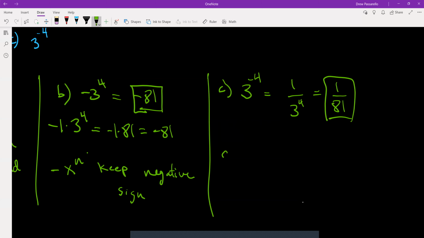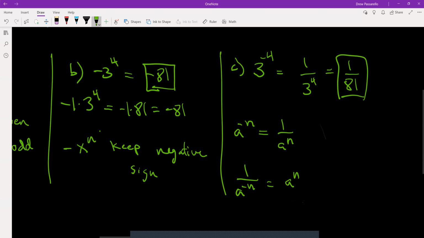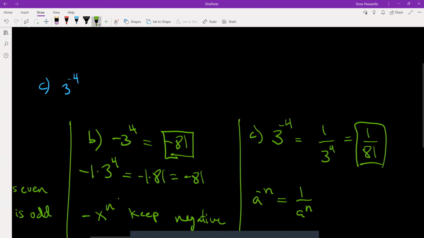So anytime I have a raised to the -n power, that's 1 over a to the +n power. Similarly, if I had 1 over a to the -n, that turns into a to the +n. So you either bring it to the numerator or bring it to the denominator and change the sign of the exponent.